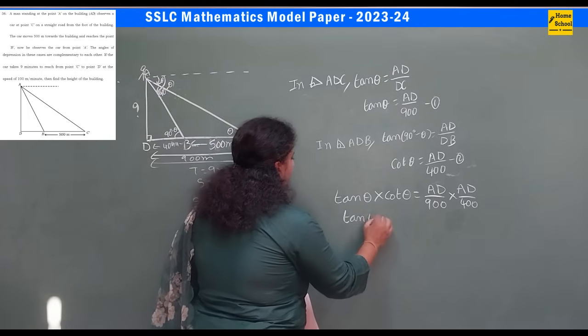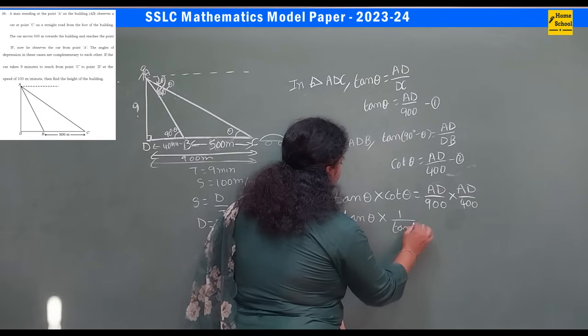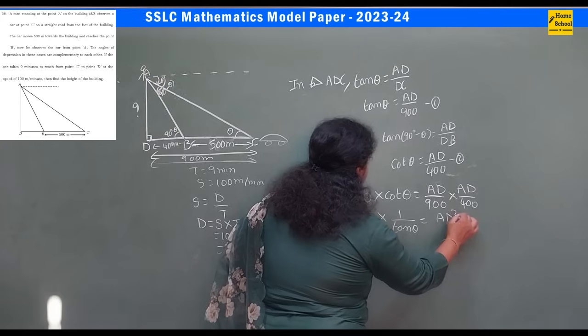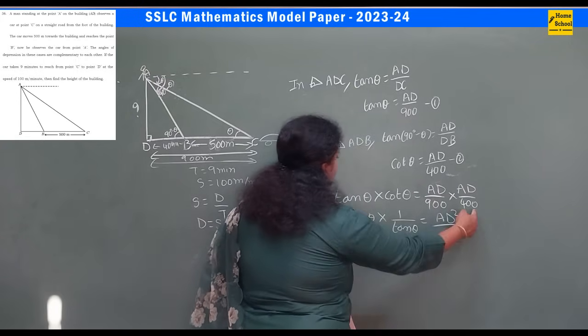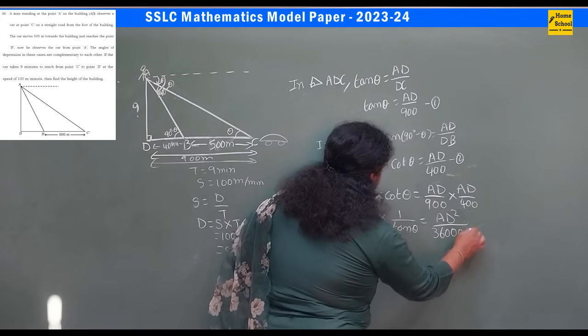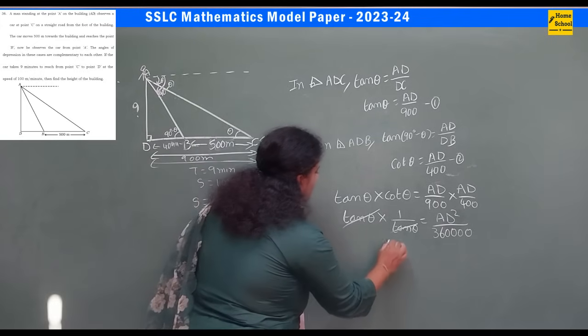Tan theta into cot theta is nothing but 1, is equal to AD into AD, AD square by 900 into 400, 360000, right? Tan theta cancels.